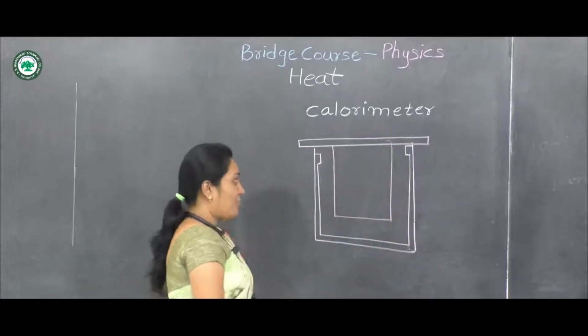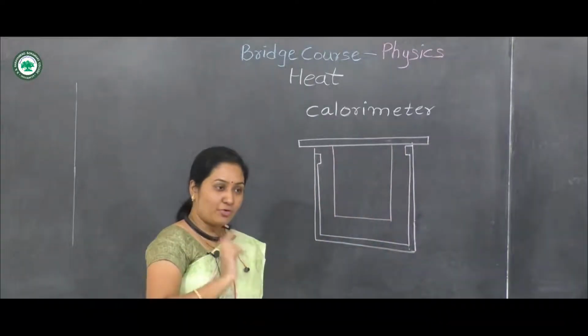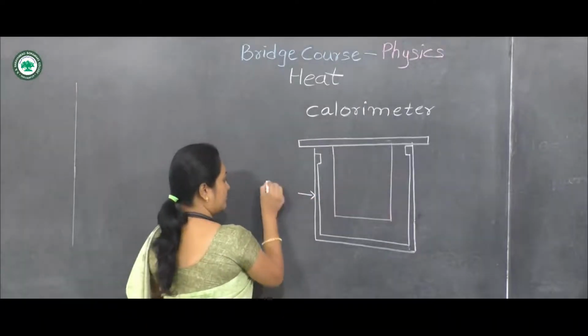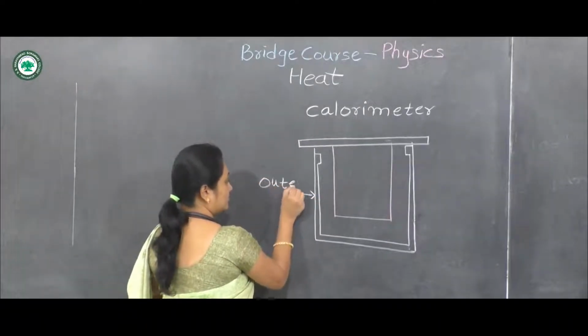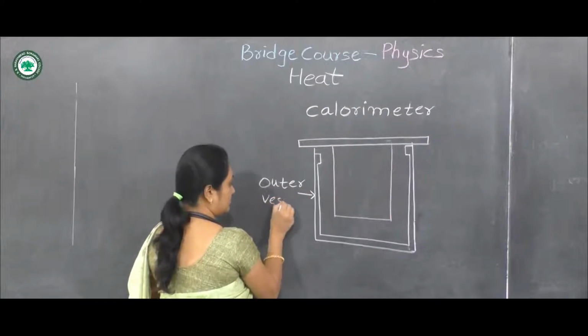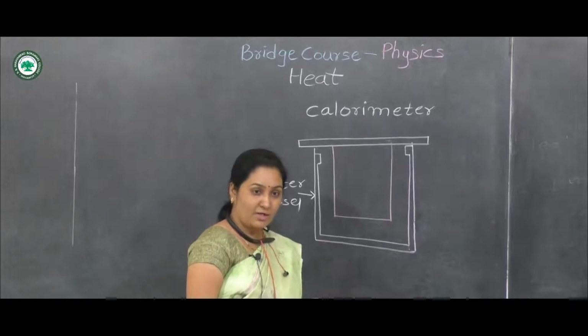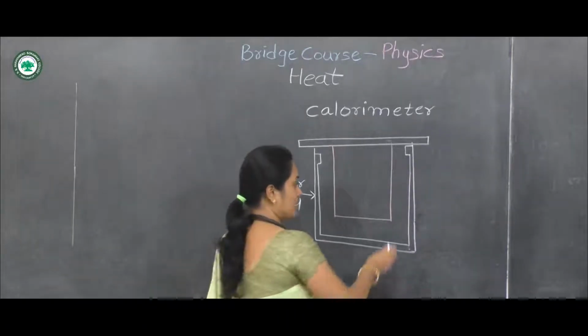In this calorimeter there are two vessels. This is called the outer vessel. This is called the inner vessel or calorimeter vessel.